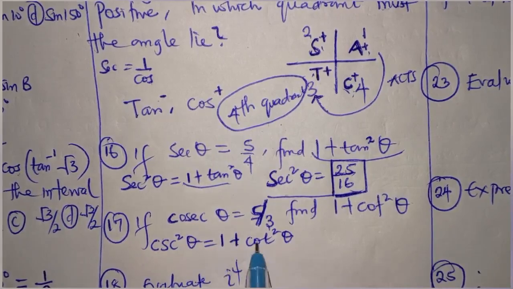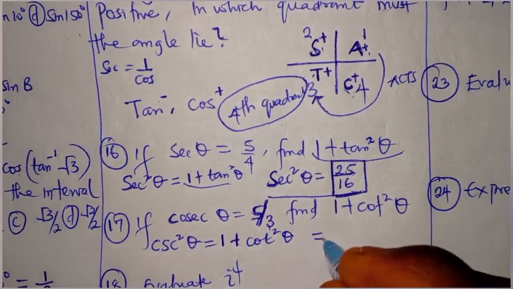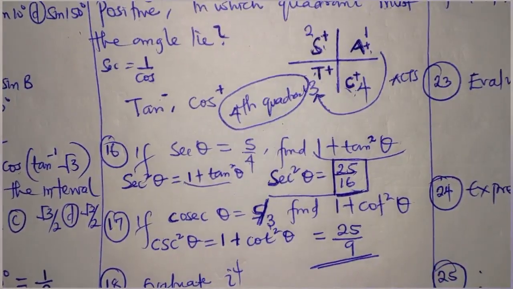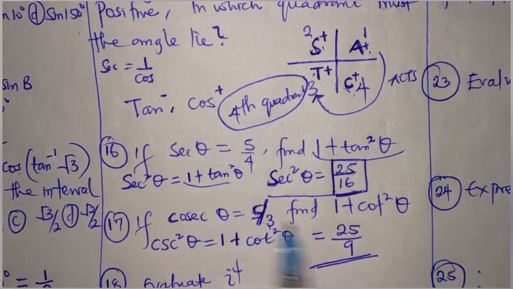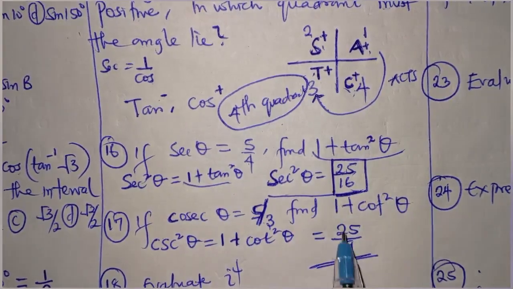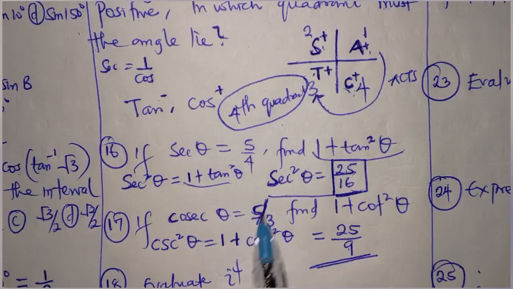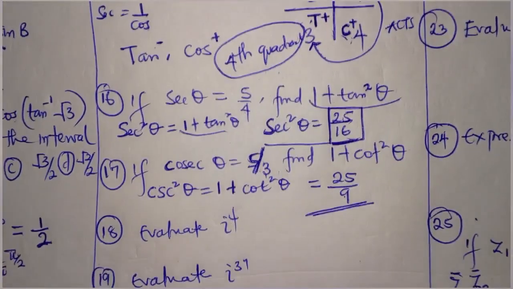So to get 1 plus cot squared theta, what we'll do is to square 5 over 3. And that will be what? 25 over 9. It's as simple as this. So given that cosec theta is 5 over 3, 1 plus cot squared theta is 25 over 9, obtained by squaring 5 over 3.